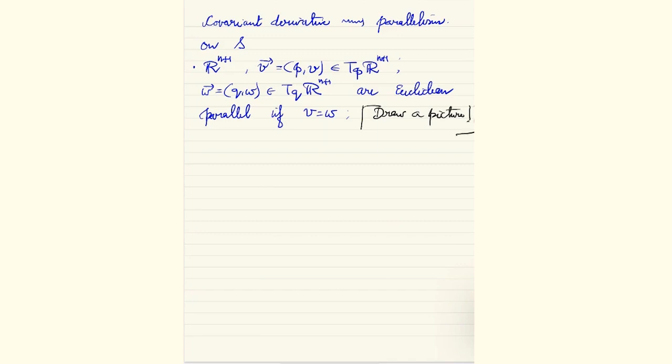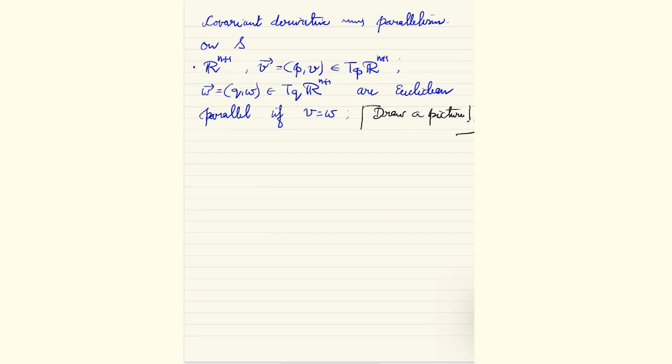Recall that a priori there is no particular relation between tangent spaces at different points. The reason for such a definition here is, of course, that the vector V varies over all vectors in Rn plus 1, as is the case with W. So it makes sense to talk of V being equal to W as points in Rn plus 1.